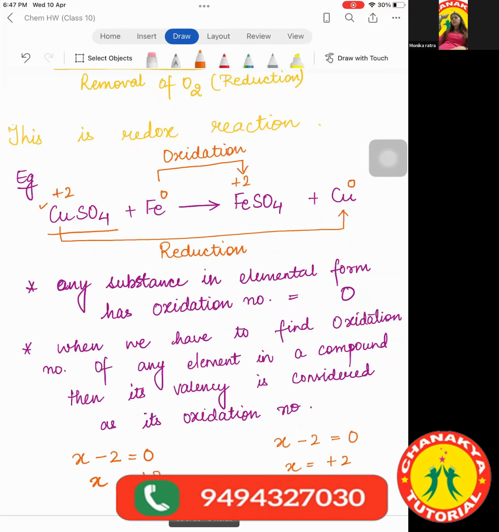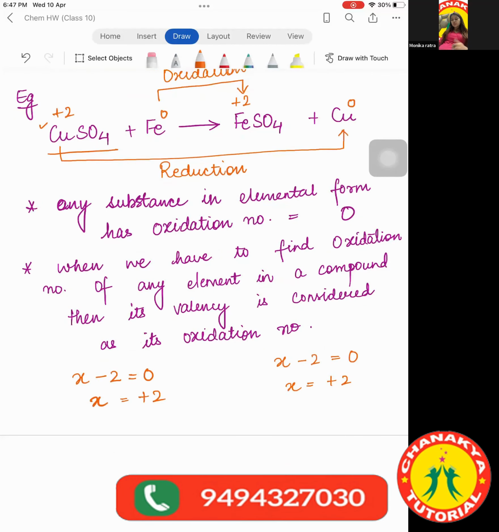Now you are saying, ma'am, you were mentioning about electrons, where we are able to see the electrons, right? So first of all, we will see Fe getting converted into Fe2 plus, right? Are you able to understand?